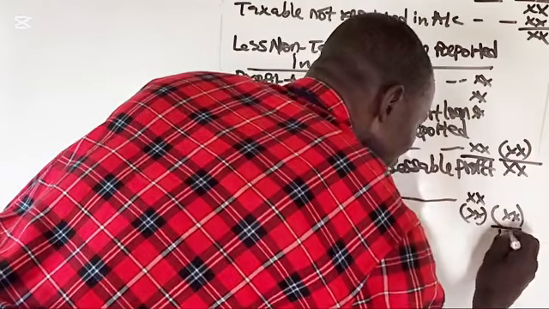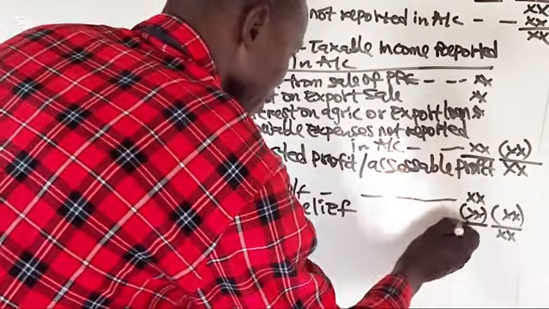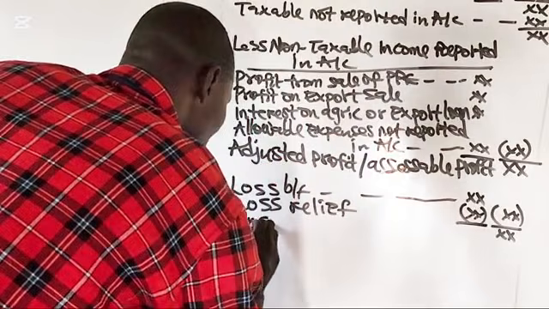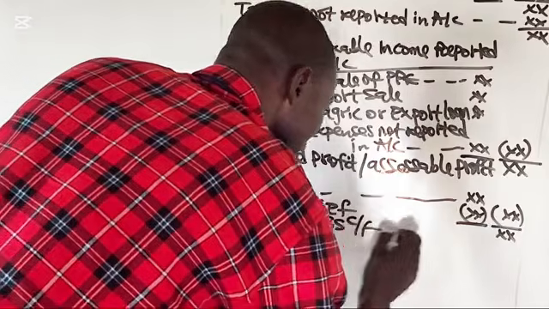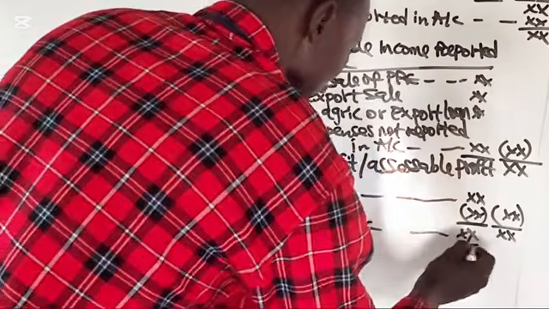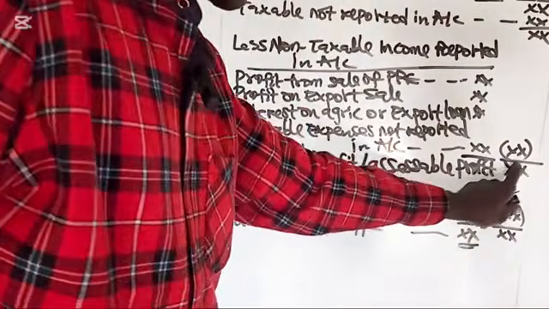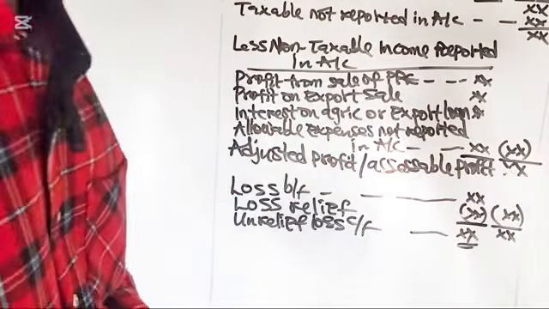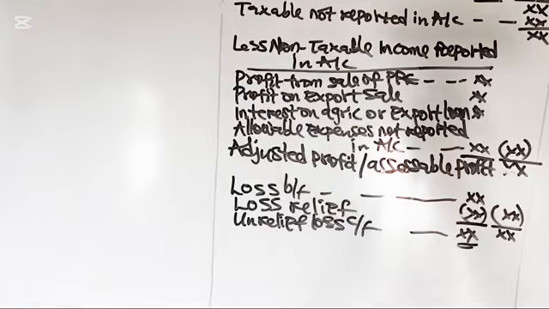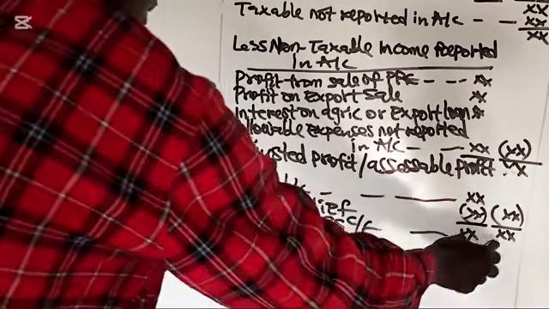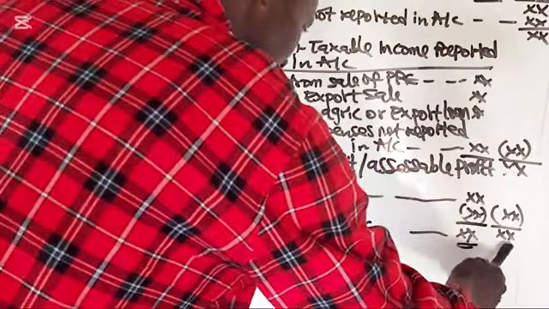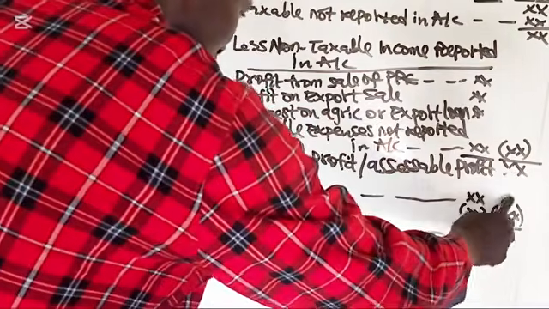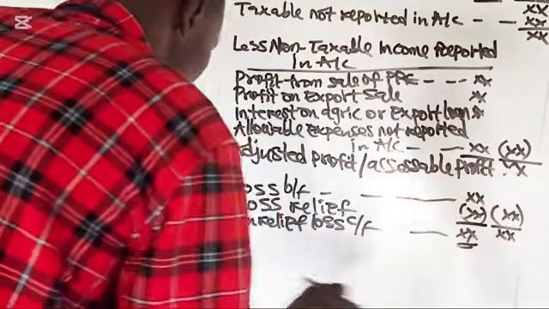In case you have unrelieved loss, it will be carried forward, if any. That is where the loss is greater than the assessable profit or adjusted profit. But if the loss is not greater, then you have the profits, which is what you are going to use.